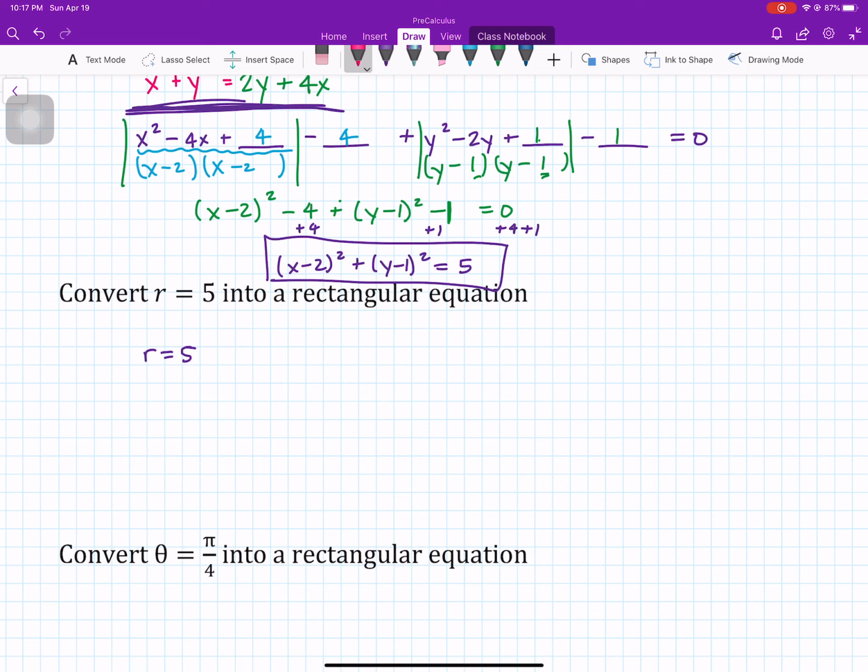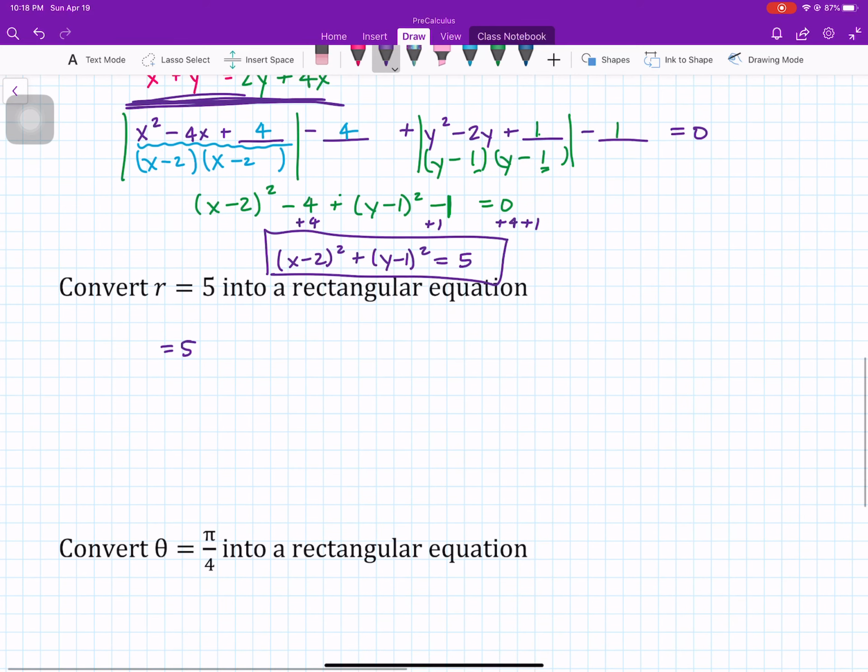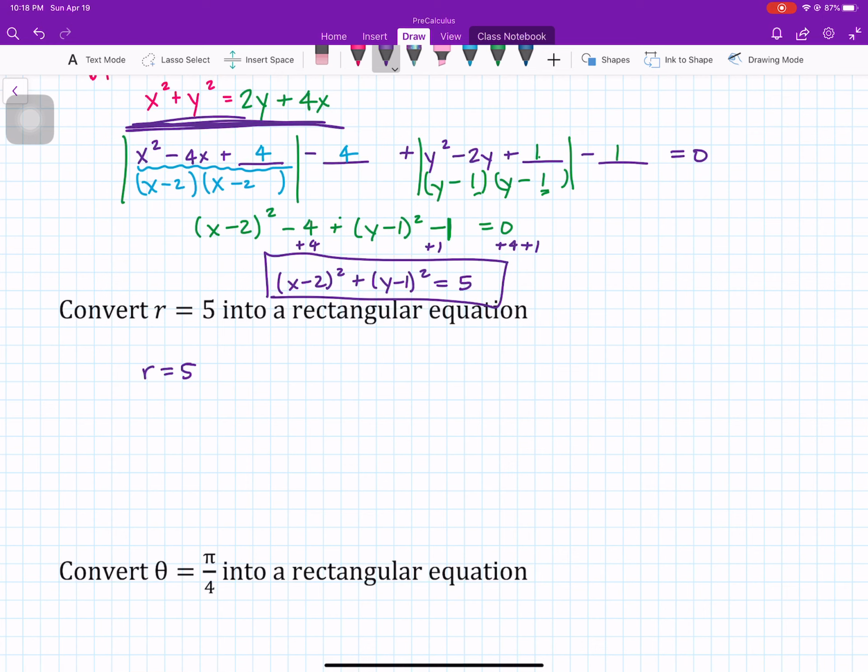Or sorry, you could try to multiply both sides by r. But then you end up in a situation that is even more complicated than before, because now you have r squared and an r. But remember, instead of multiplying everything by r, another way to get an r squared is to square both sides of the equation.